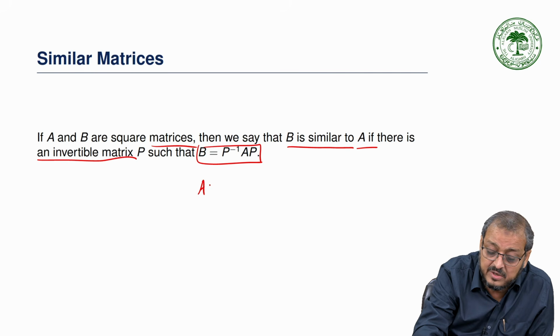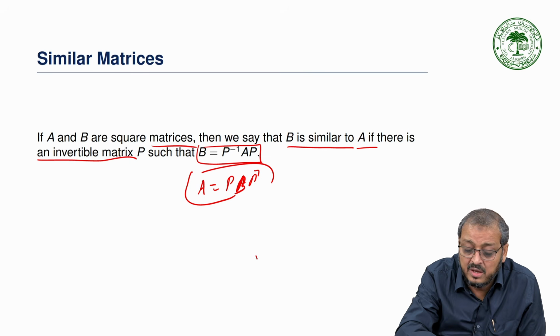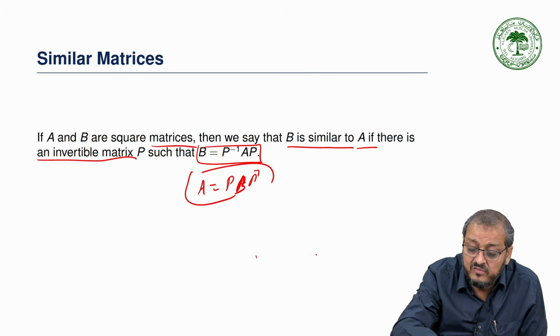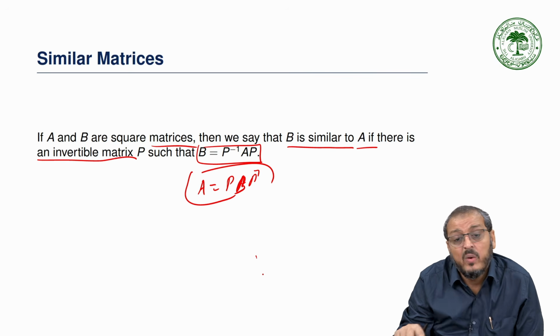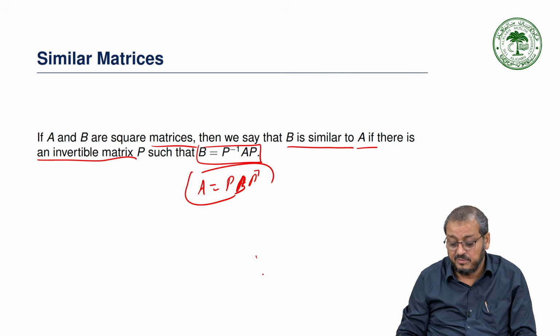We can say that A can be written in the form of P B P inverse, then A is similar to B, and vice versa. This way we can write similar matrices.